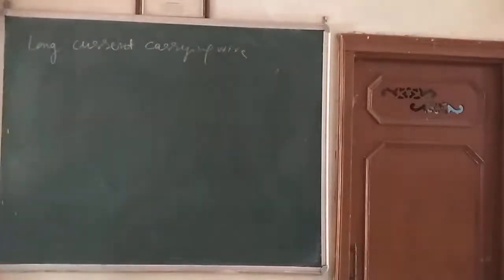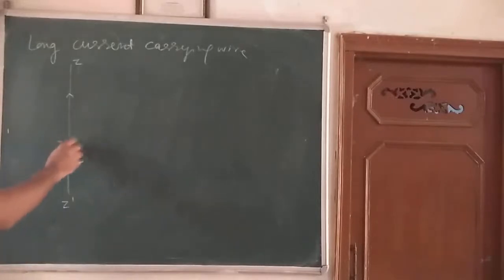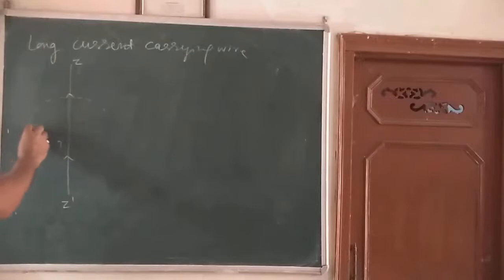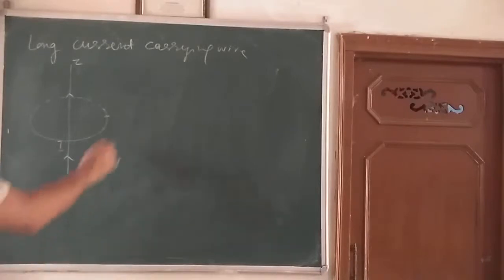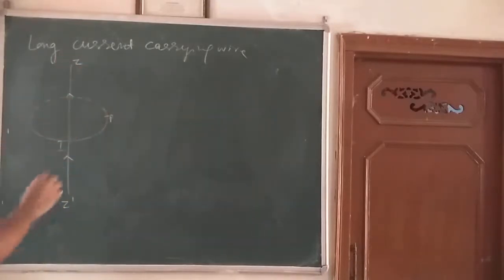For that, dear children, I am taking a long wire, say along this axis Z, Z dash. Suppose in this wire current I is flowing. So nearby it a magnetic field is produced, in a concentric circle. Say I want to find out the magnetic field at a point P due to this current in the wire.